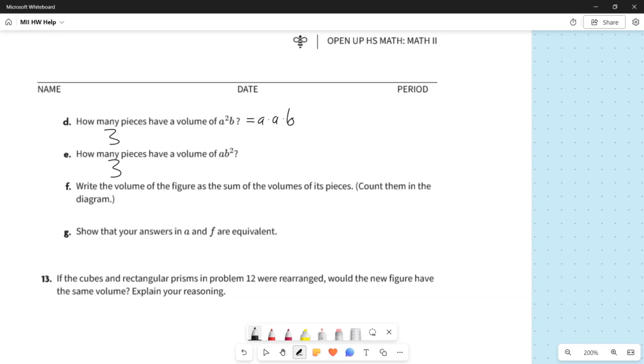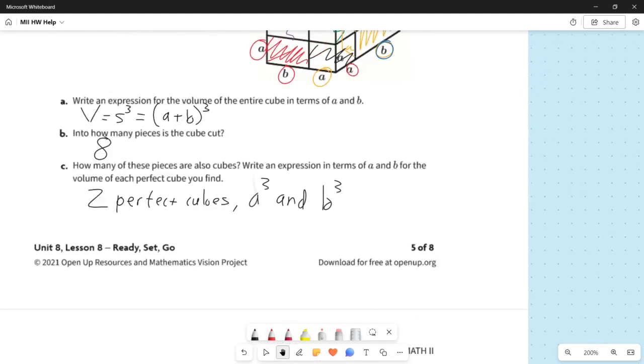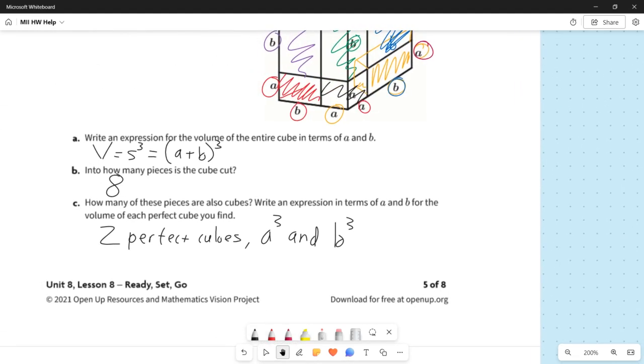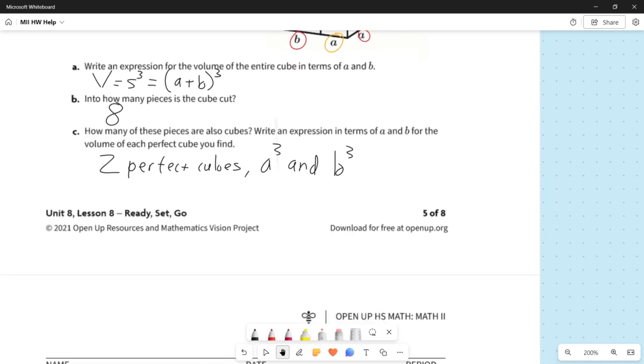All right. So part F, write the volume of the figure as the sum of the volumes of its pieces. So I want my volume of the cube, which we said in part A is simply A plus B cubed. But instead, I want to now express this as the sum of all of my different blocks.